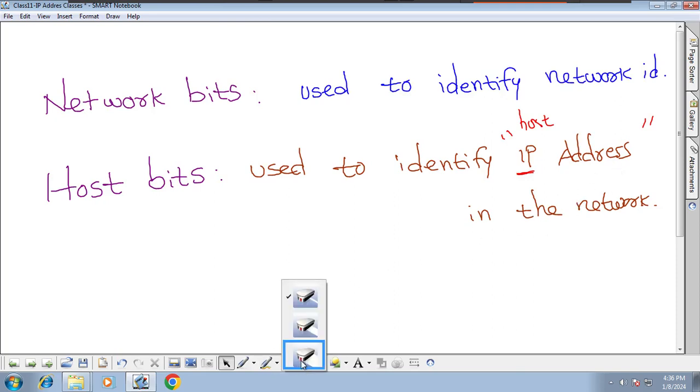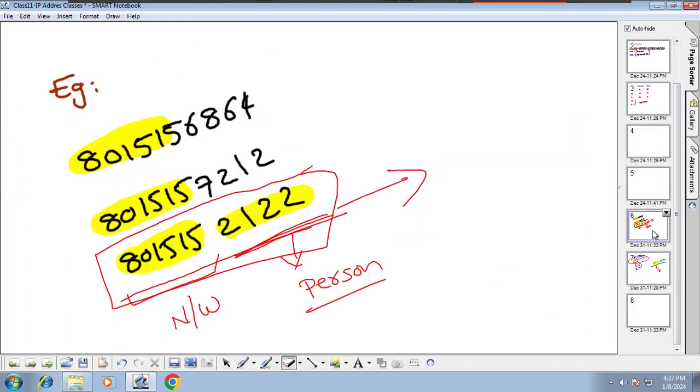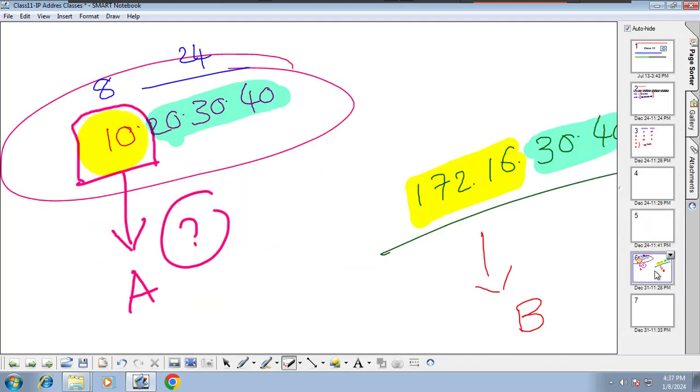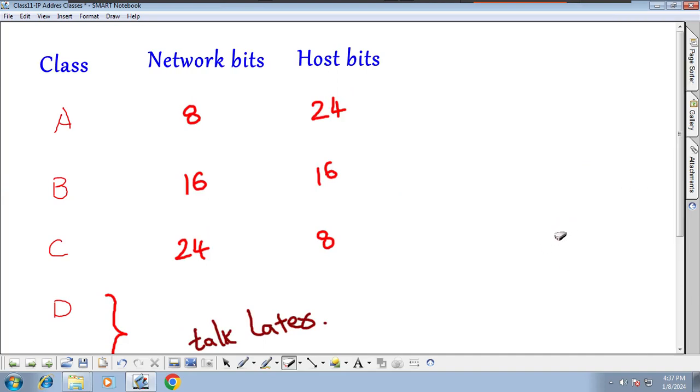We also discussed that there are a few classes in an IP address. We will understand what classes are there, how the classes are identified, and how the class range comes up.